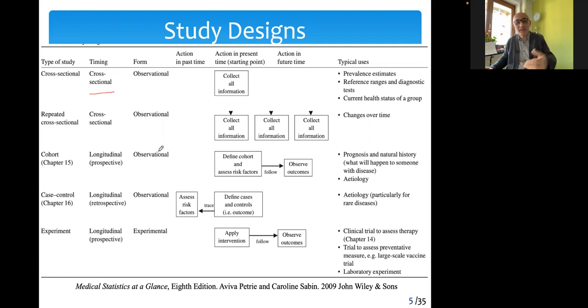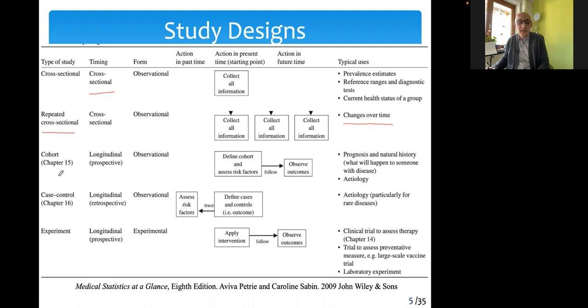If you repeat this cross-sectional study, then it becomes, of course, a repeated cross-sectional design. And what is the benefit of doing the same study repeatedly? The benefit, of course, is you can assess the changes, the trend over time, what is happening in the community, in the population over time.